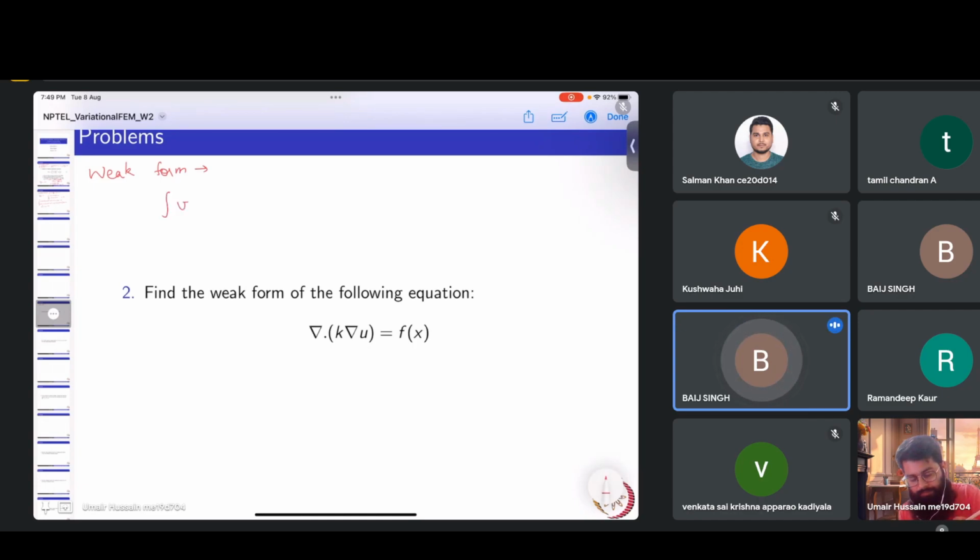And this is del square, k nabla u, minus f of x. So we assume any 2D domain omega. And the next thing is, what is the next step here?